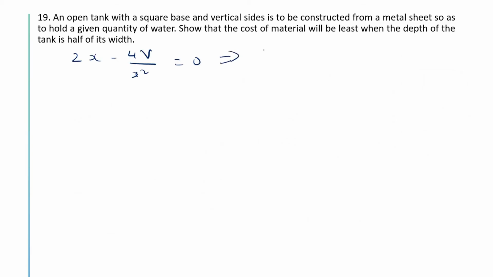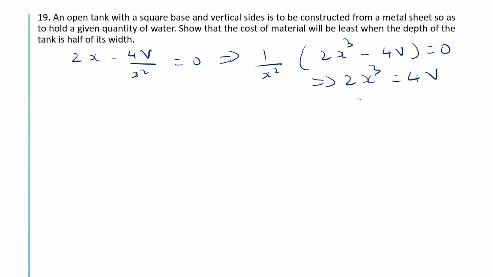Or we can simplify this as LCM is x square, 2x cube minus 4V equal to 0. So we get 2x cube is equal to 4V, or x cube is equal to 2V. Therefore x is equal to 2V the whole raised to 1 by 3.